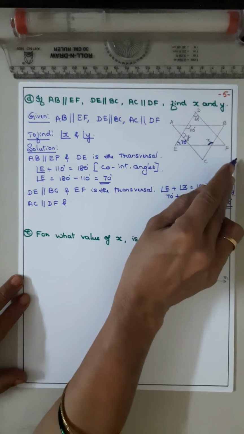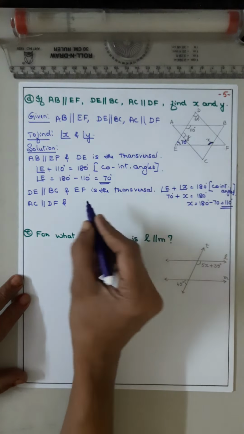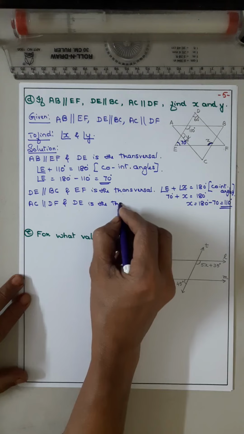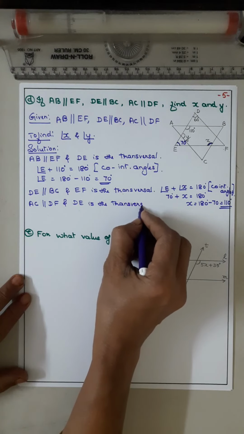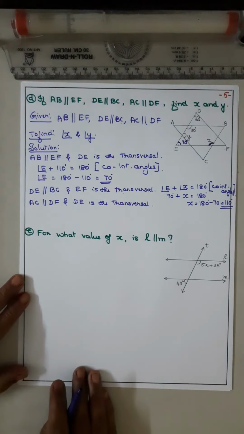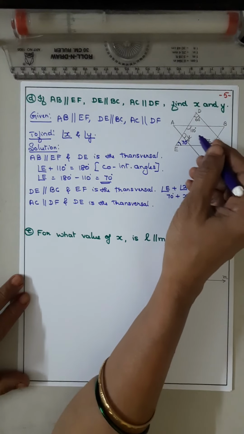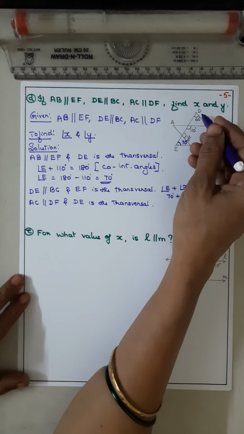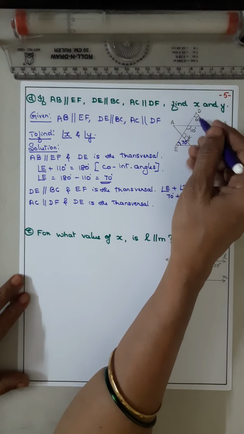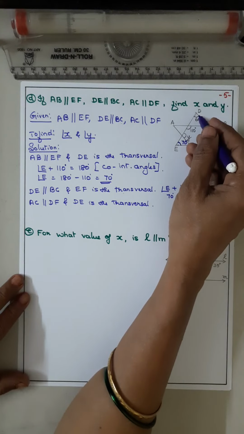So angle Y plus this angle 60 should be how much? 180.